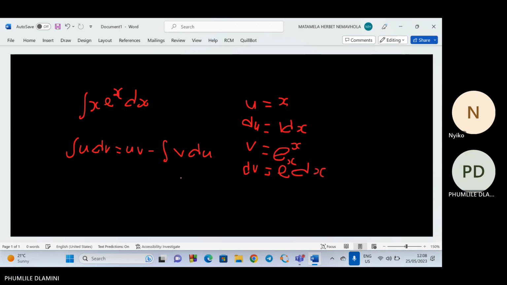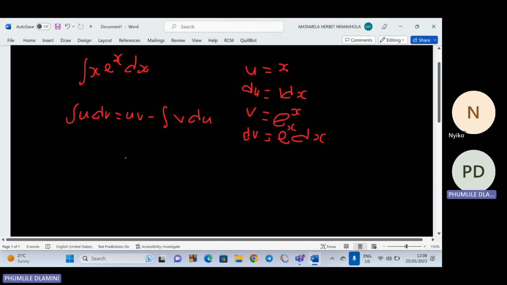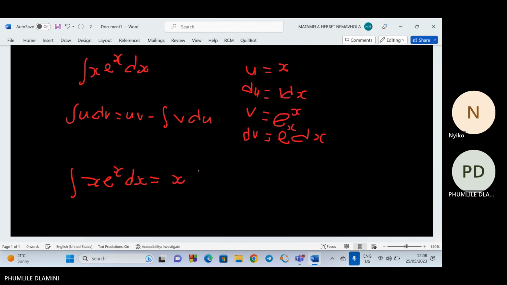So now, when we have done that, you can use your formula. The integral of x e to the power x dx equals uv. Our u is x, our v is e to the power x, minus the integral of v, which is e to the power x, and our du is just dx.